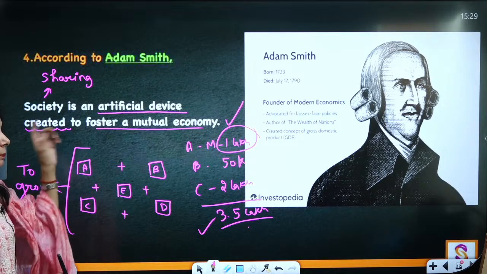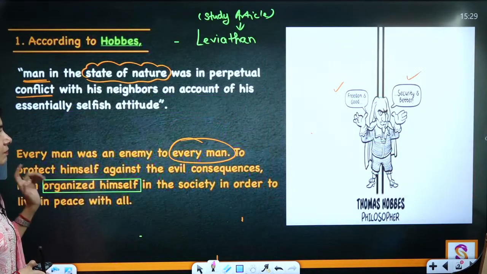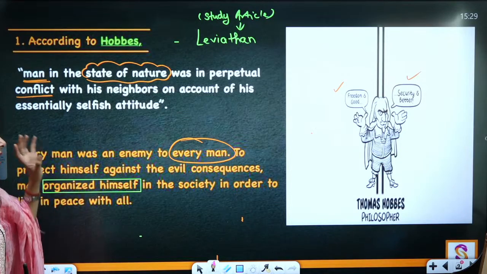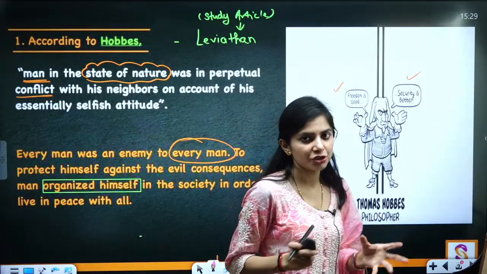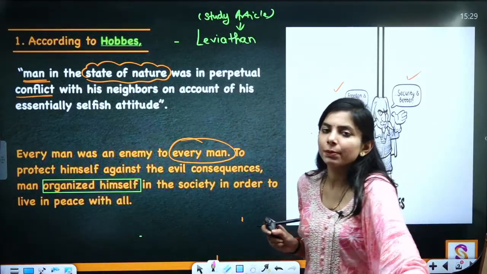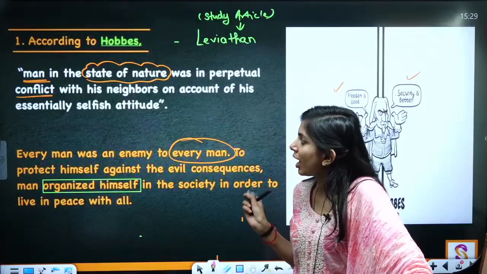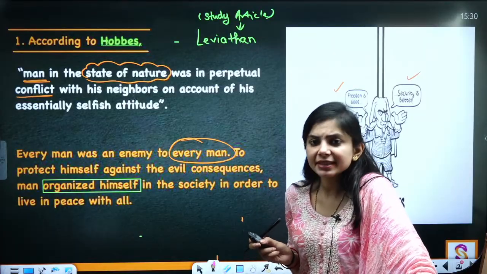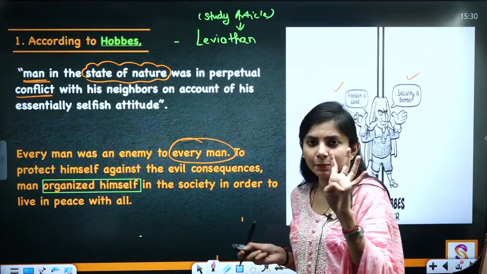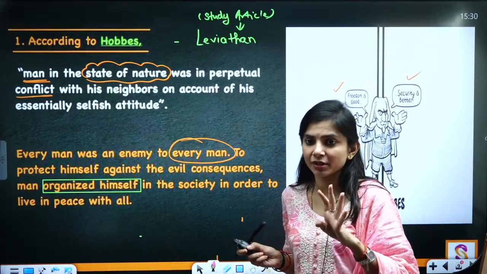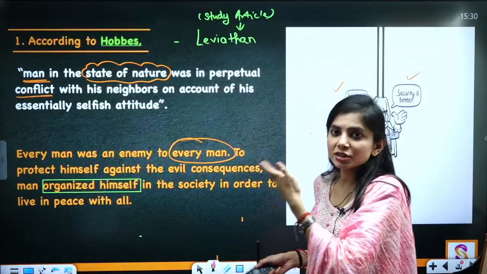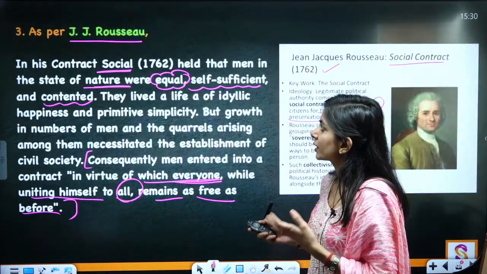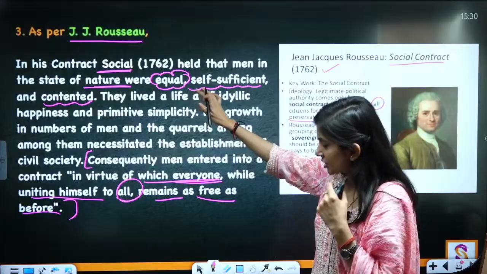Now, based upon all these definitions and explanations, UPSC used to ask direct questions from this part. I hope you get the view out of it, because these are the people who said it. Now I have provided you 4 basic explanations given by some anthropologists. The most important one is J.J. Rousseau.